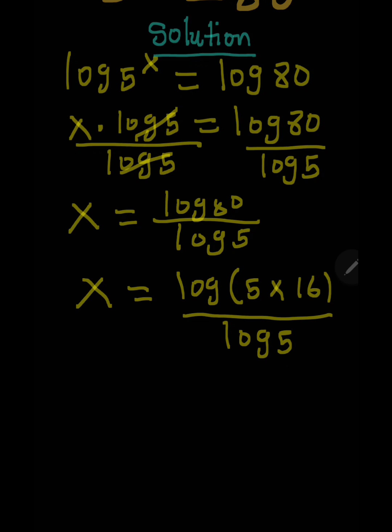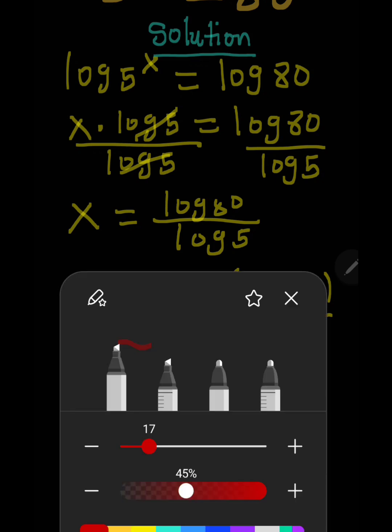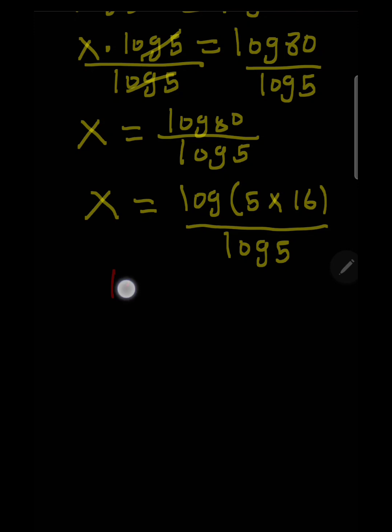The next thing we're going to recall is one of the properties of logarithm. When we have log of a multiplied by b, this can be simplified as log of a plus log of b. This is the property we're going to apply to the numerator in the right hand side, where a represents 5 while b represents 16.